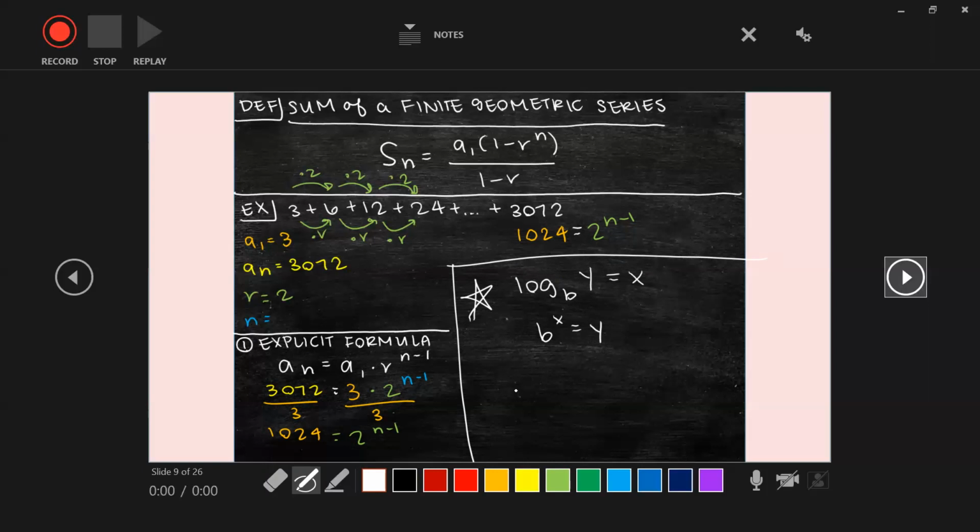If you had a little example of that, let's say we had 2 raised to something is equal to 32. Well, the logarithmic form of that is going to be log base 2 of 32 is equal to x. So you need to write that really big somewhere because we're going to be using that a lot over the next couple days.